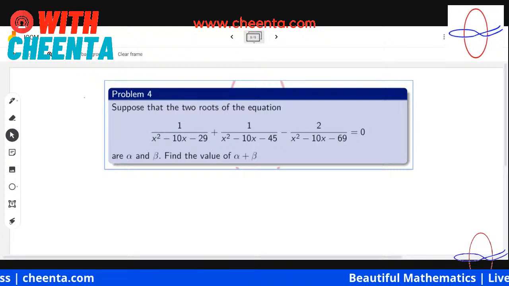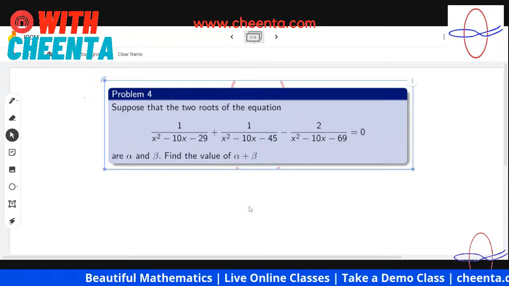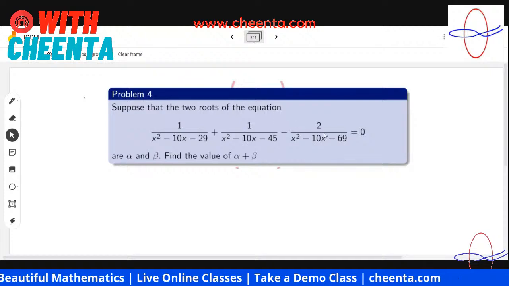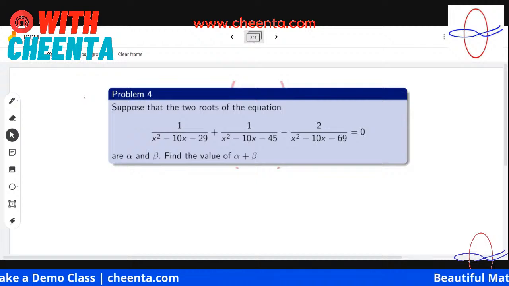Okay, so let's try to understand this. How will you do this? So how do you really get this? How do you approach this problem, guys? Tell me.